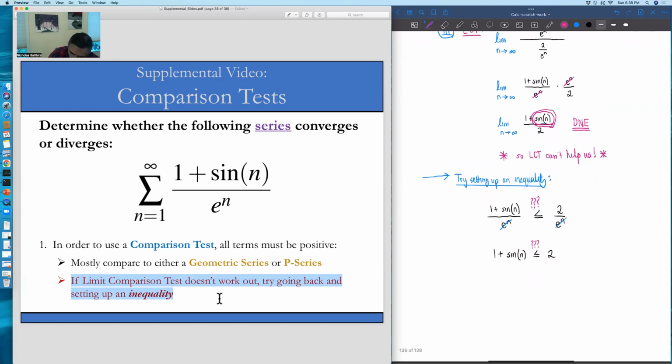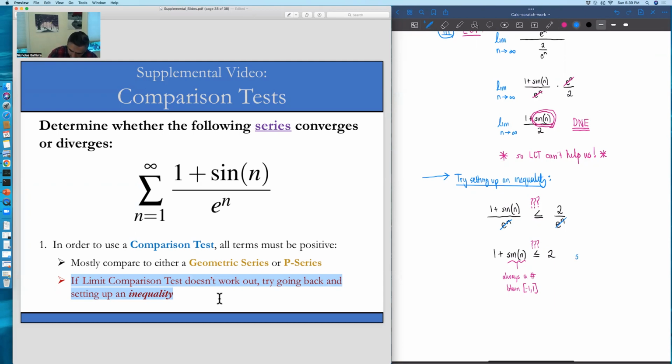And since we talked about this sine of n term, this is always a number between -1 and 1. So because of this, for any n value, the largest this left-hand side could be is 2. That's the largest it can ever be, which means that left-hand side is always less than or equal to 2.